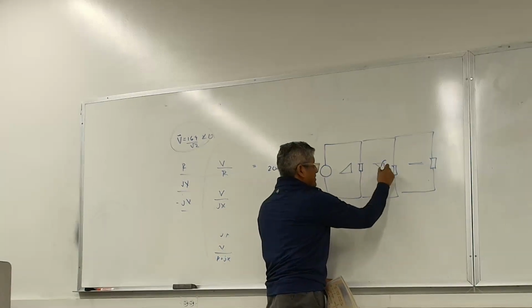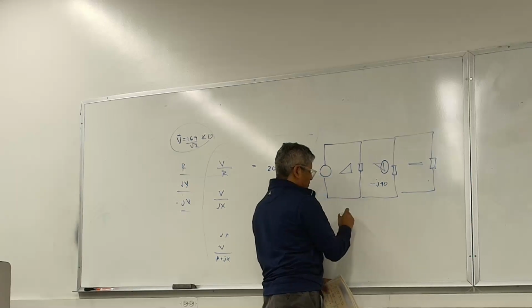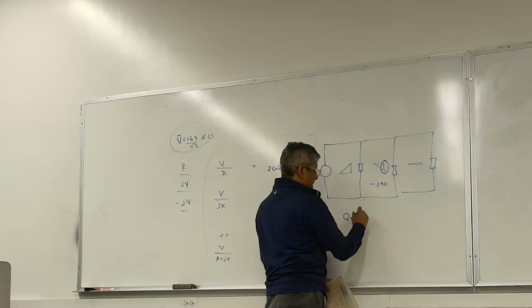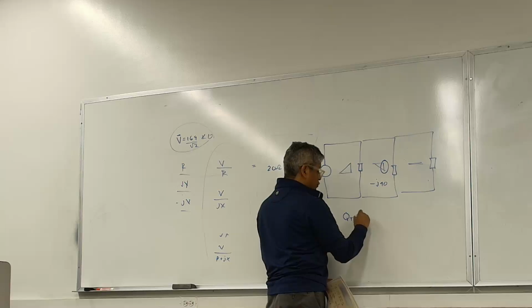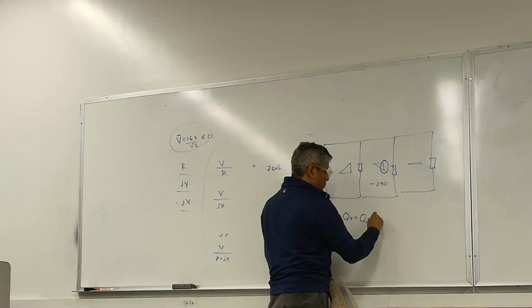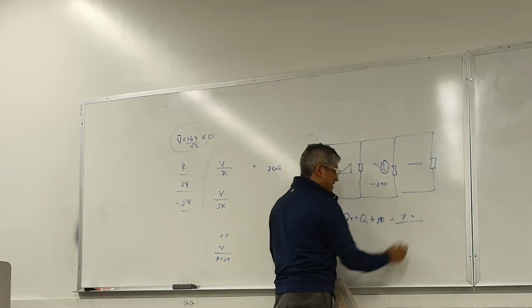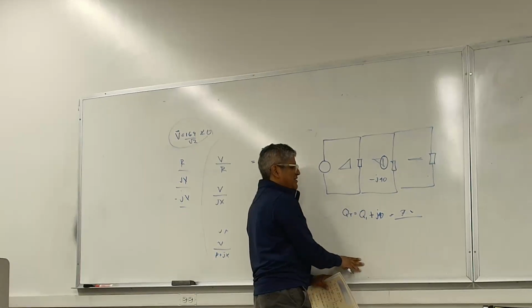A lot of people missed this right here. This was minus J40. So when I have the Q total, quite a few people took whatever value was for Q1 and then instead of subtracting this 40, they were adding it, and they came up with a 72 something, which messed up the power factor.